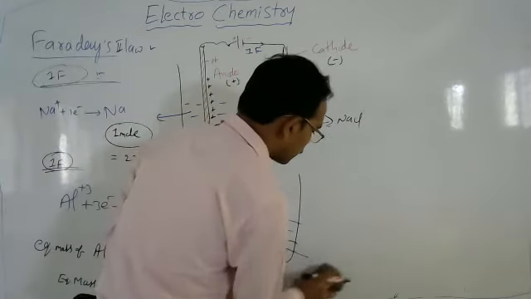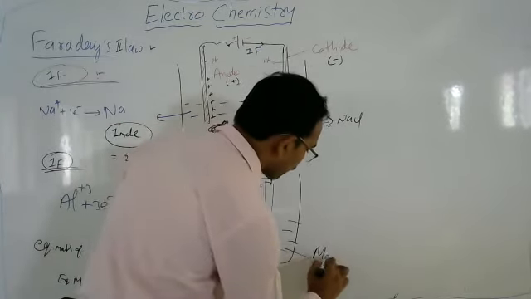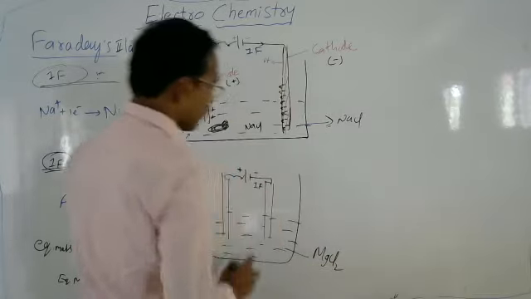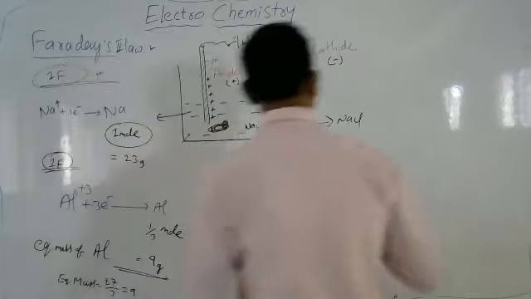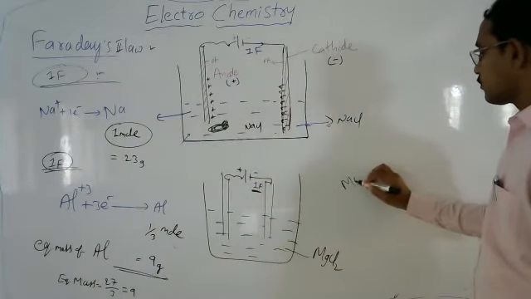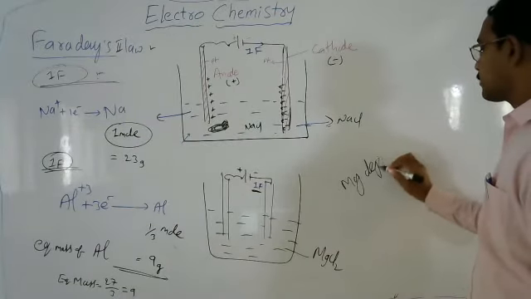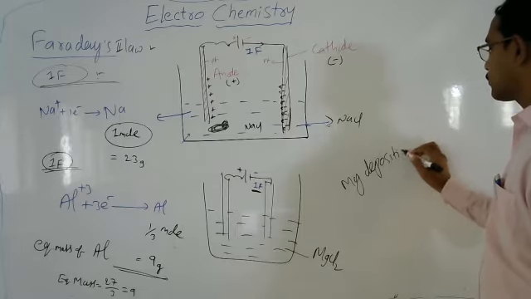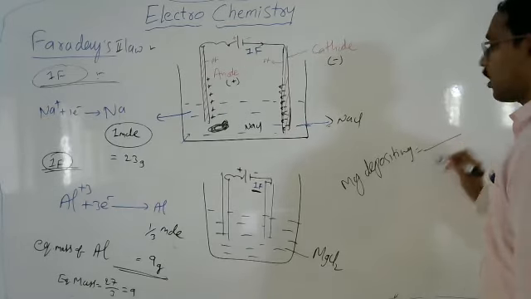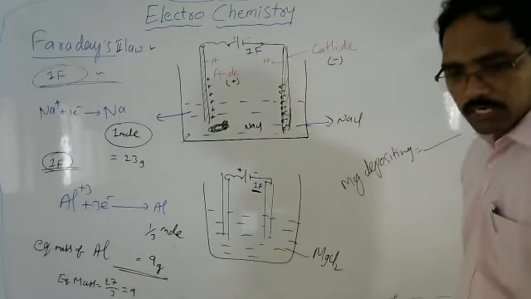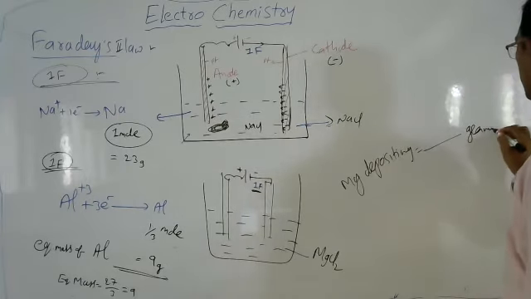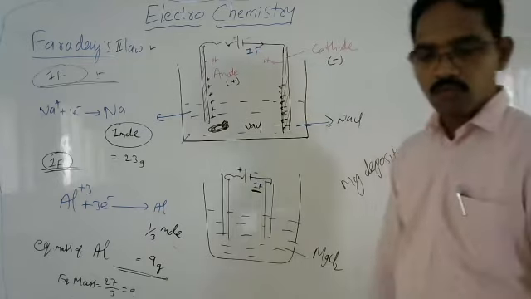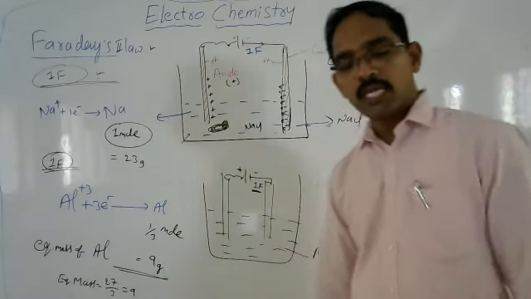Example here. Suppose I use magnesium chloride, and I am using only 1 farad. How much magnesium will get deposited in grams? 1 by 2 mole.